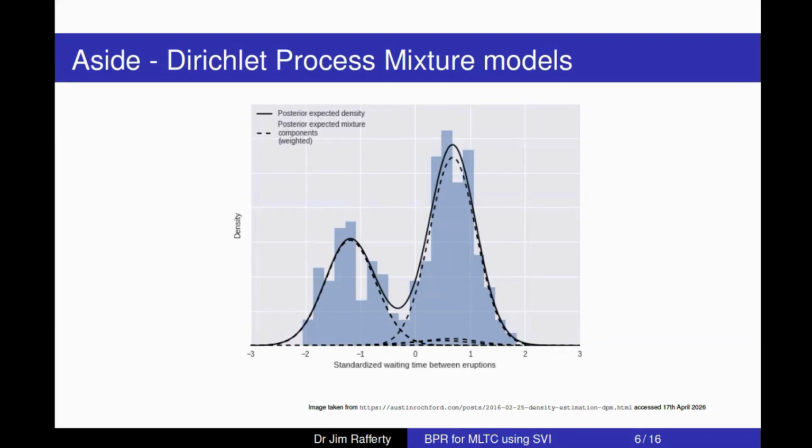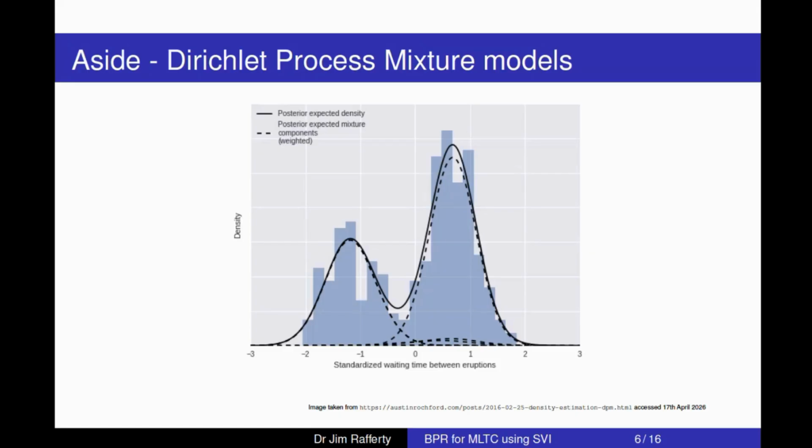The Dirichlet process mixture model will split that overall density into its component parts, and the Gaussian bit of the DPMM here is the fact that the components are Gaussian distributions. You can see those are the dashed lines, and in this particular example, two Gaussian distributions are contributing the vast majority of the probability to the solid black line.